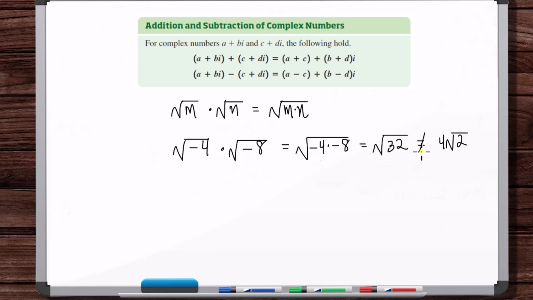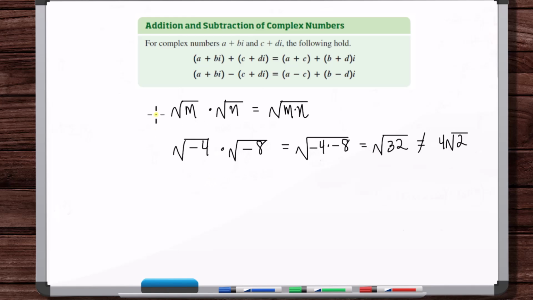This is incorrect. The square root of minus 4 times the square root of minus 8, the principal roots, is not equal to positive 4 root 2. And you can see where the issue came up. By combining these this way, we ended up multiplying minus 1 times minus 1, which in the end defeated the whole purpose of why we defined i in the first place.